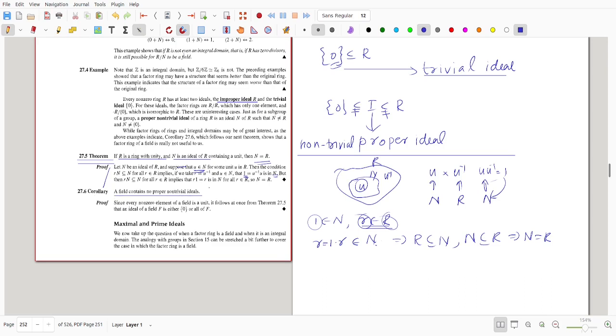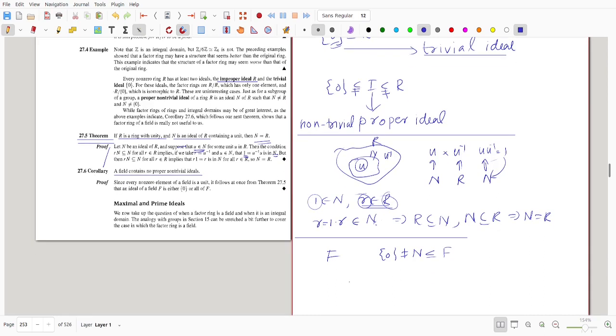Okay, so as a corollary, we can easily prove that a field has no non-trivial proper ideal. Because if f is a field and there is an n, which is not equal to 0, an ideal of f, then you can easily prove that n is equal to f, because this n has at least one non-zero element u belonging to n, which is contained in f itself.